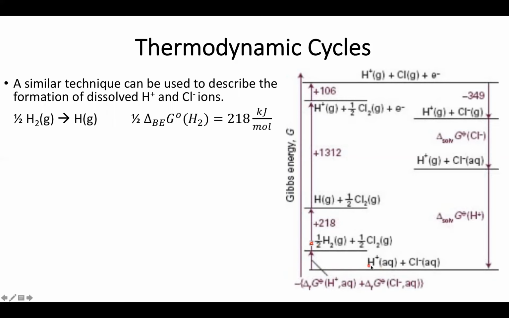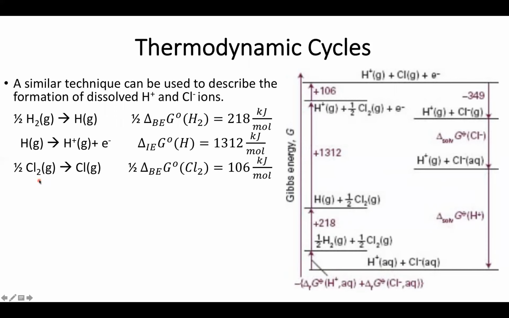If I'm doing the free energy of formation of my two ionic species, one way to get to these ionic species is to go the complete other route. I start with the bond dissociation free energy for hydrogen, which we have a known literature value for, the free energy of the ionization energy, the bond dissociation free energy for chlorine, and again, the electron affinity free energy for chlorine. So again, the free energy equivalent of a lot of the same reactions we dealt with before.